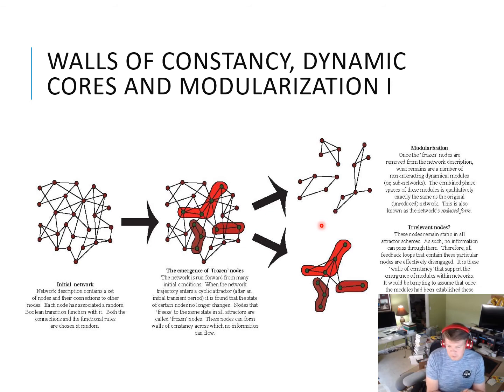It's evolved into a state where there are a number of independent modules that act independently of the others, and overall it constrains the system to not explore the full state space, which then gives it a particular function.